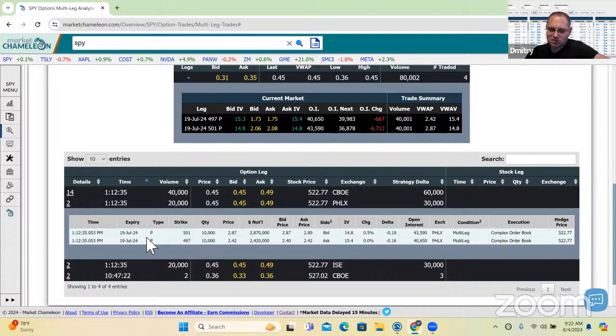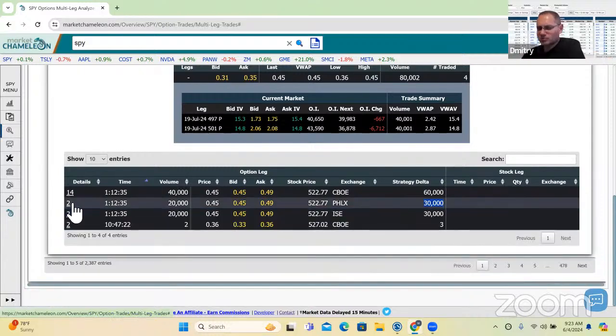Well, you could see here that you trade 10,000 contracts with a 19 delta, 10,000 contracts with a 16 delta, so the difference would be 3 delta times 10,000 contracts times 100 per contract. So you get that 30,000 delta. So each side, depending on which side you did, has a 30,000 delta, long or short.